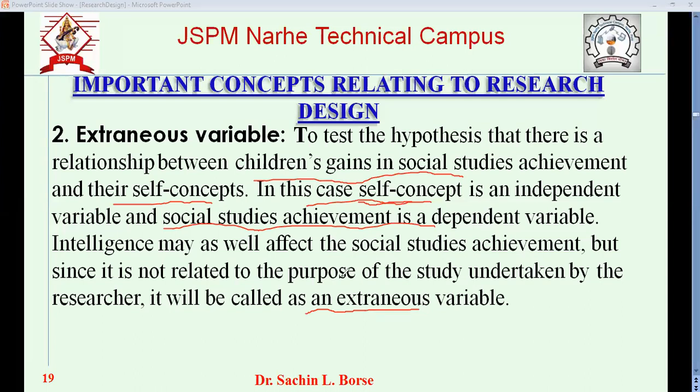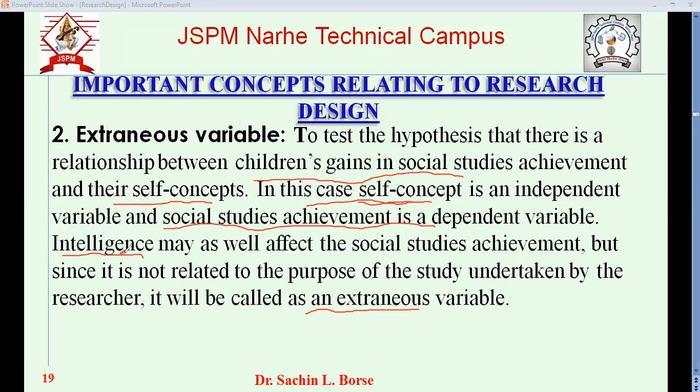Now here you can see that not only the self concept is important, but intelligence is also one of the parameters. Here we have not taken intelligence into account, but it will affect. So intelligence is the extraneous variable.